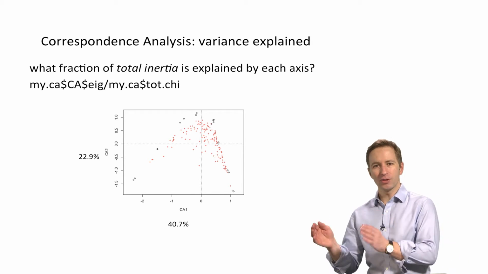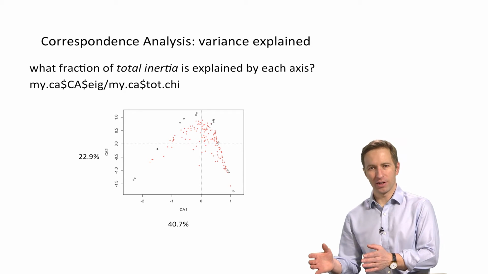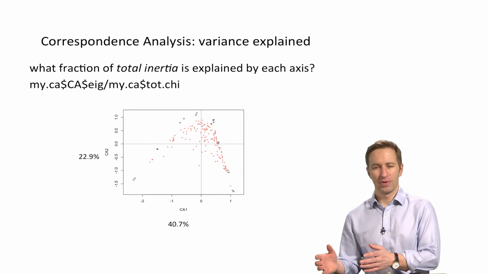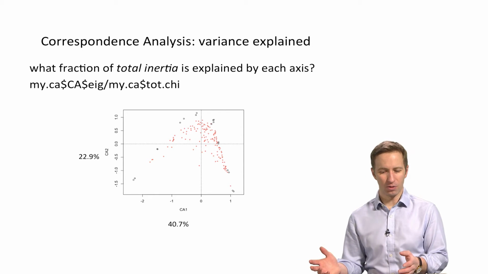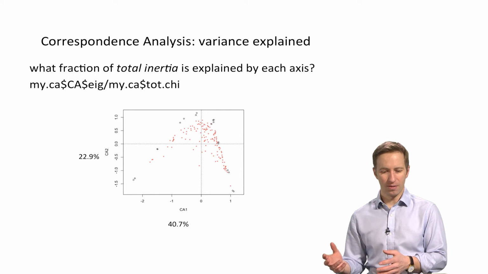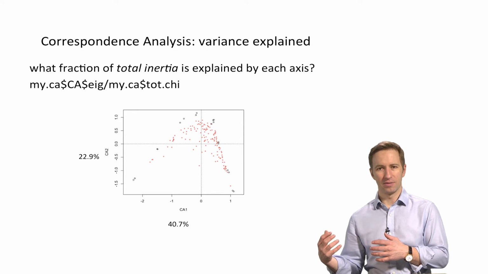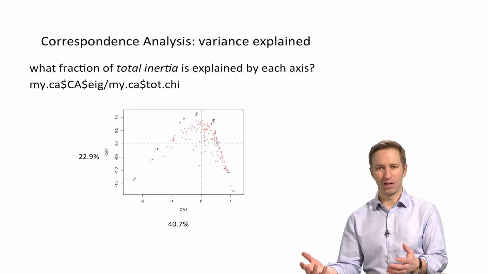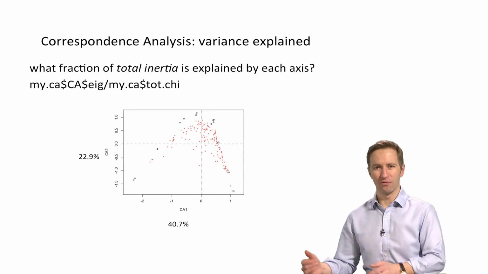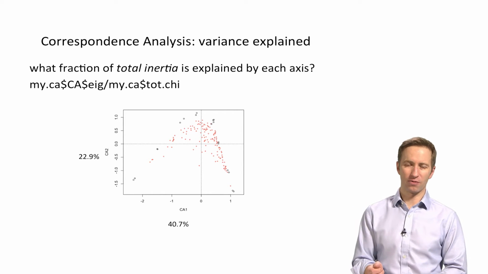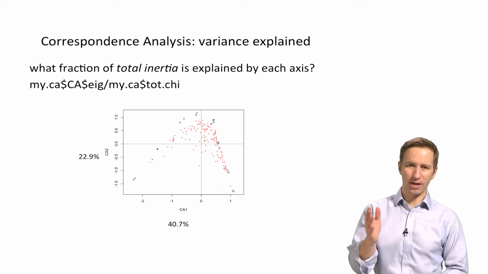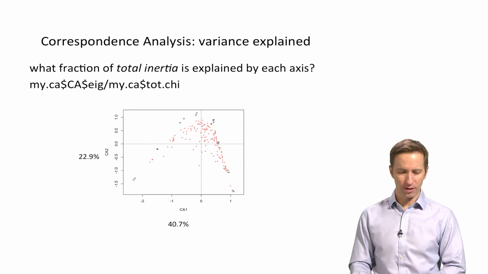So the absolute amount of variance explained on each axis still is not highly relevant. I wouldn't base your publication on whatever fraction of the variance is explained here, but it is important in terms of relative comparisons between unconstrained and constrained ordination. We're going to see more of that later.